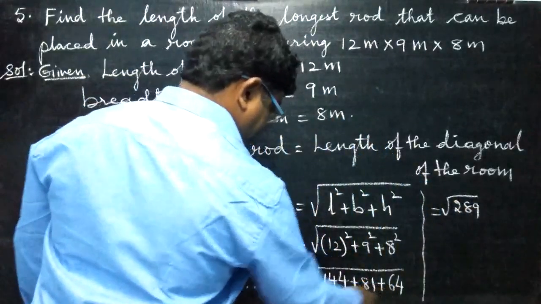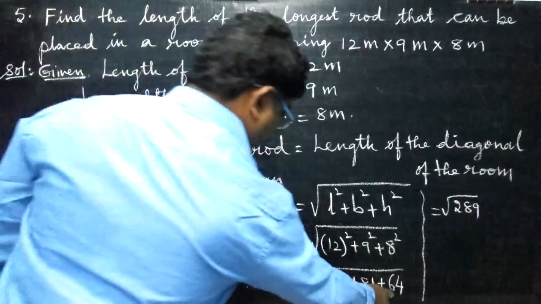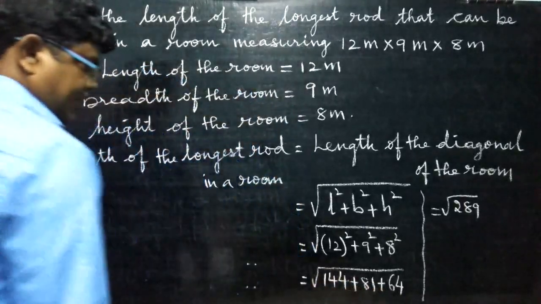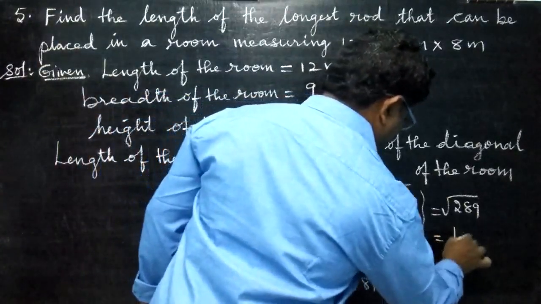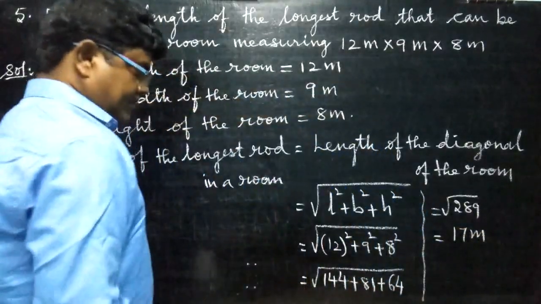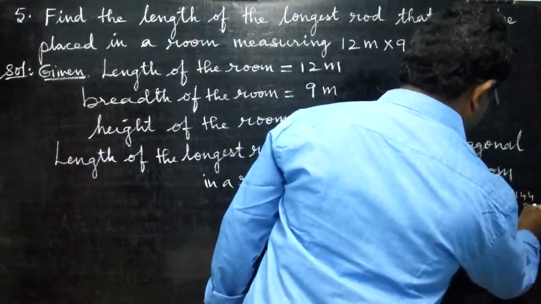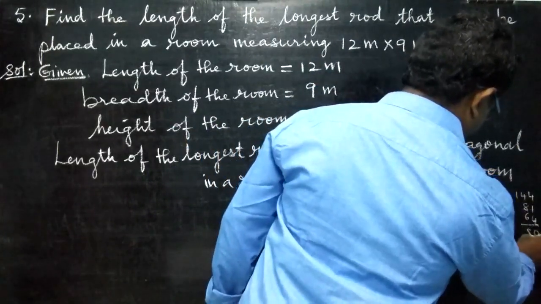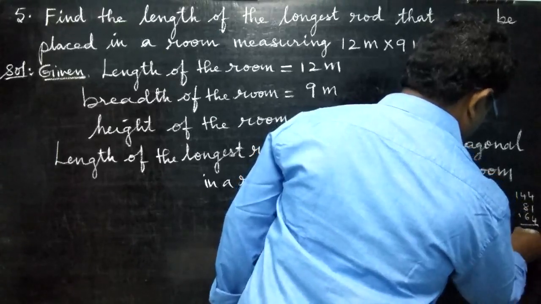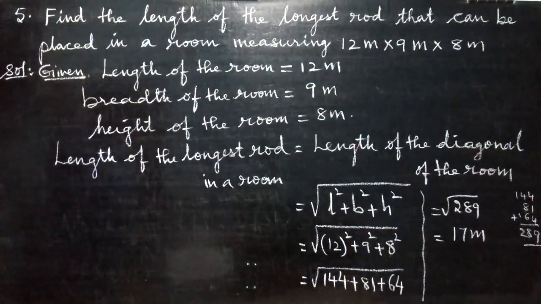What is the square root of 289? 17. Square root of 289 is 17, 17 17s are 289.